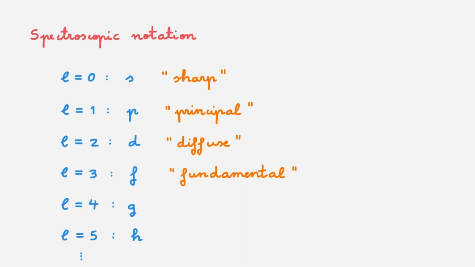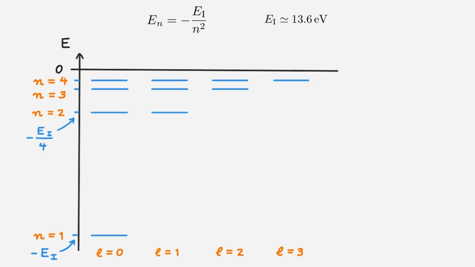We can now go back to our diagram and relabel it using spectroscopic notation. The L equals 0 states are the S states, and this means that these are the 1s states, these are the 2s states, these are the 3s states, and these are the 4s states. The L equals 1 states are the P states.